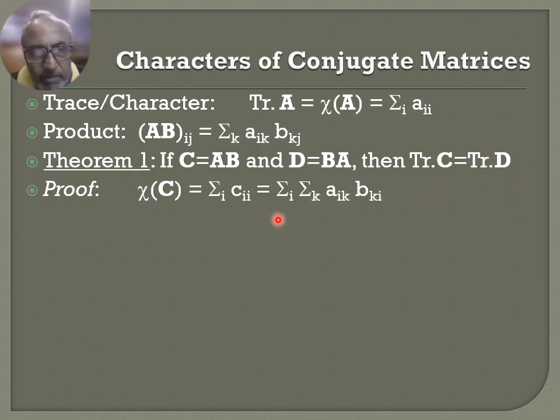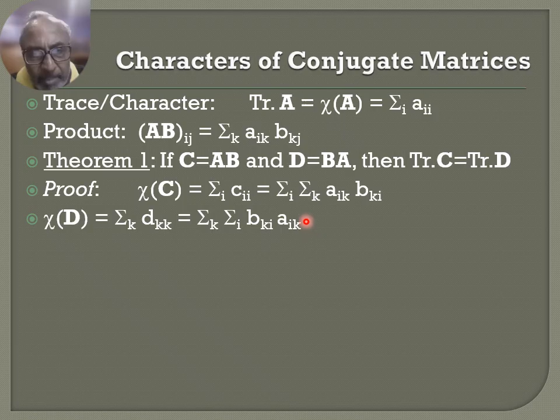To prove this, we note that the trace of the product AB is sigma i, sigma k, a_ik b_ki, and the trace of the product BA is sigma k, sigma i, b_ki a_ik. But a_ik and b_ki are just numbers, so we can interchange their order and write sigma i, sigma k, a_ik b_ki, which we recognize is the same as the trace of the product AB.